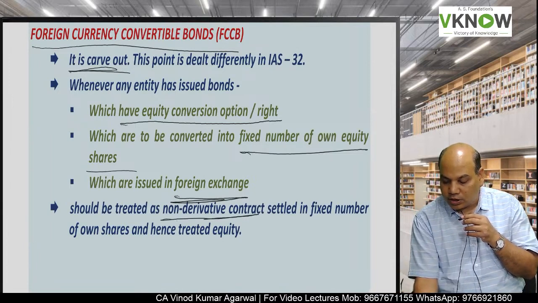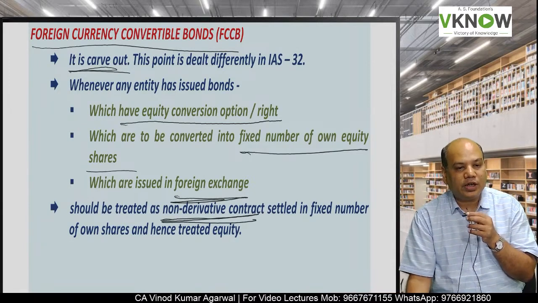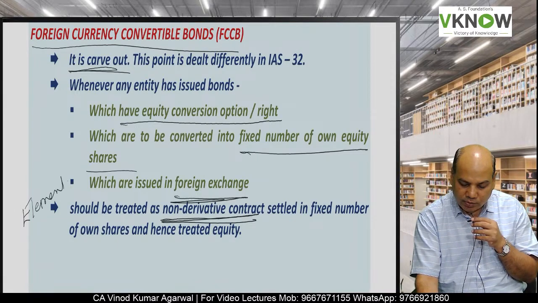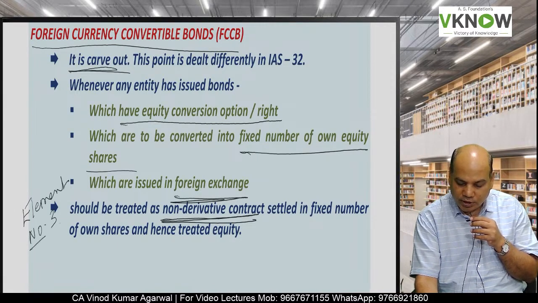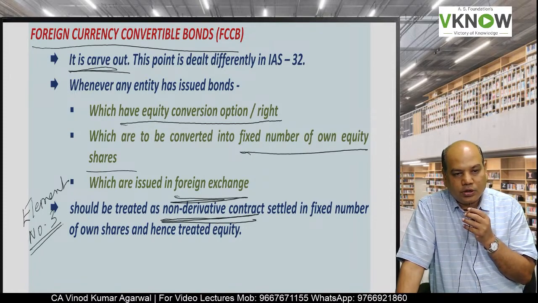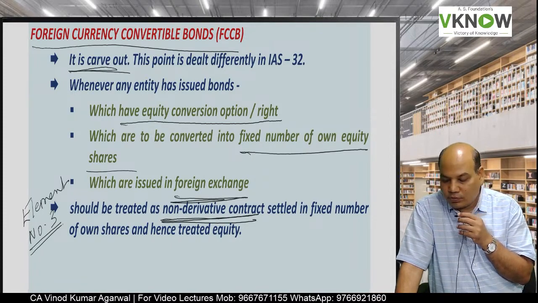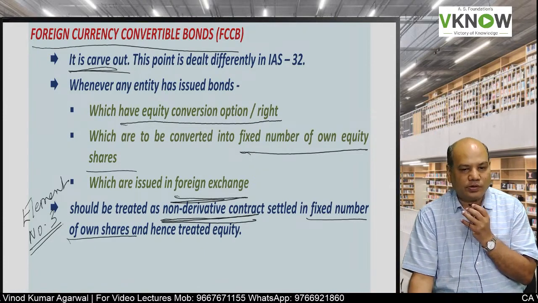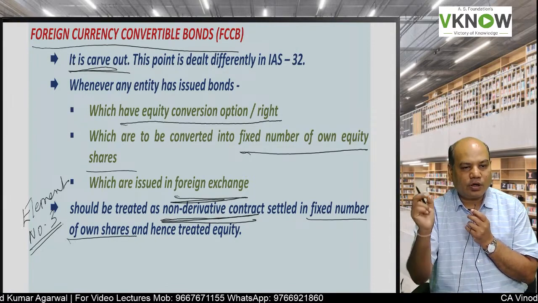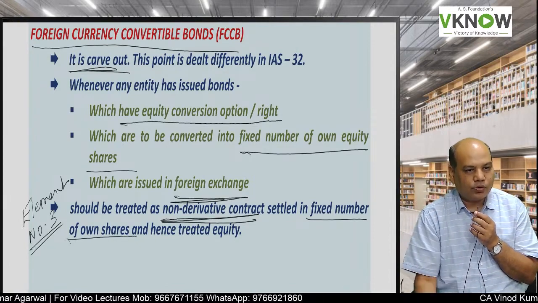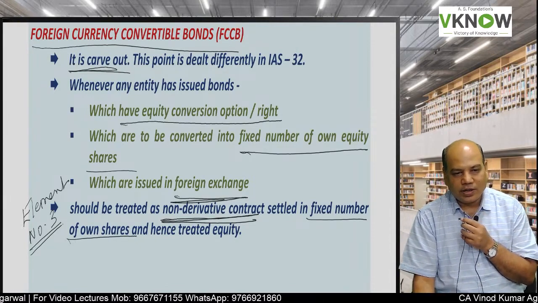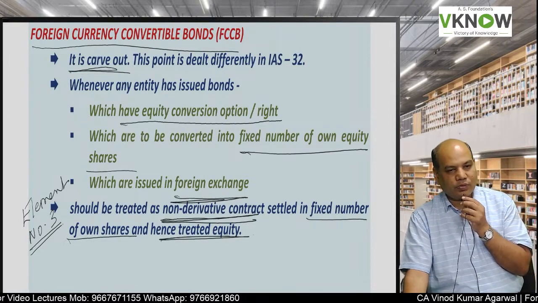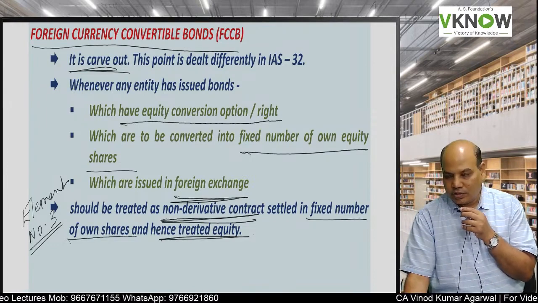So this will come under the definition of a non-derivative contract, element number 3 of financial liability as per Ind AS 32. It is a non-derivative contract which will be settled in a fixed number of own equity shares, as per our Ind AS 32. If it is settled in a fixed number of own equity shares, then it is equity.